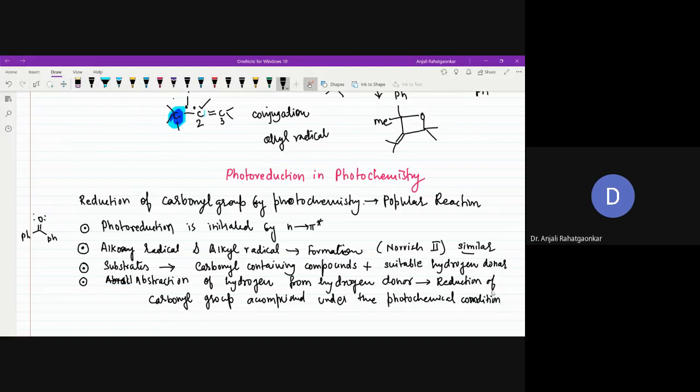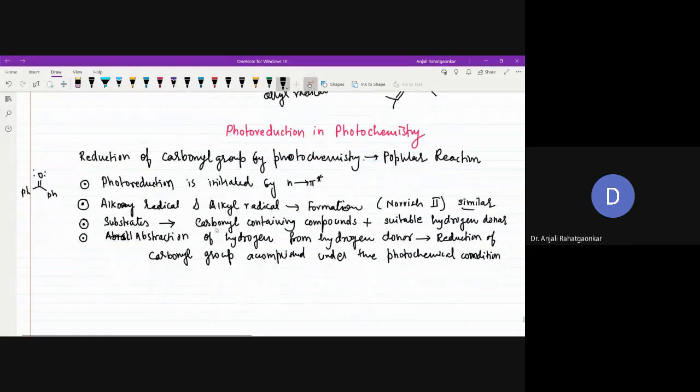So these are the main characteristics of the photoreduction reaction. Again, I will revise the characteristics. The photoreduction reaction is initiated by n-pi transition. Due to this initiation, the alkoxy radical as well as the alkyl radical will form, and this reaction is just similar to the Norrish type 2 reaction.